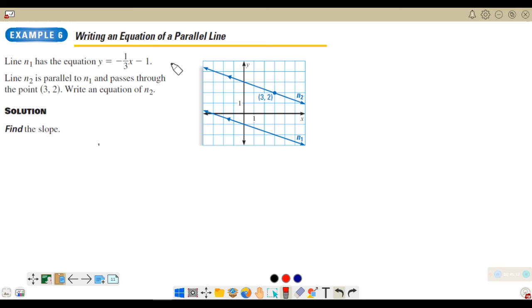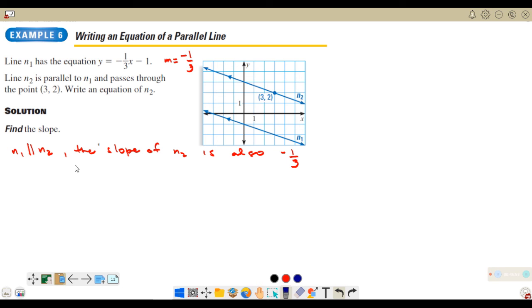So, ano ang slope ni n sub 1? Ang slope ni n sub 1 is negative 1/3. Since n sub 1 is parallel to n sub 2, the slope of n sub 2 is also negative 1/3.